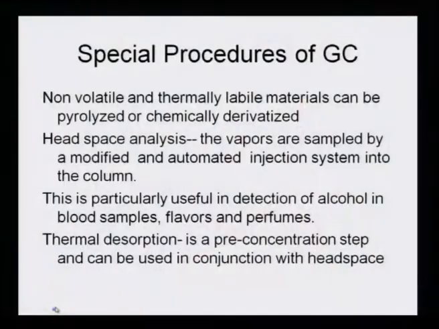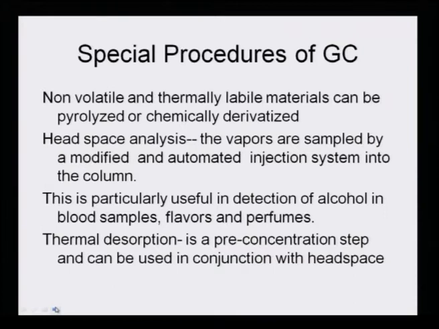Headspace analysis. The vapors are sampled by a modified and automated injection system into the column. This is particularly useful in injection of alcohol in blood samples, flavors and perfumes. Thermal desorption. It is a preconditioning or pre-concentration step and can be used in conjunction with the headspace.